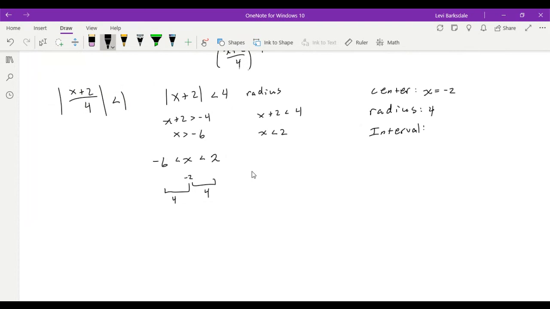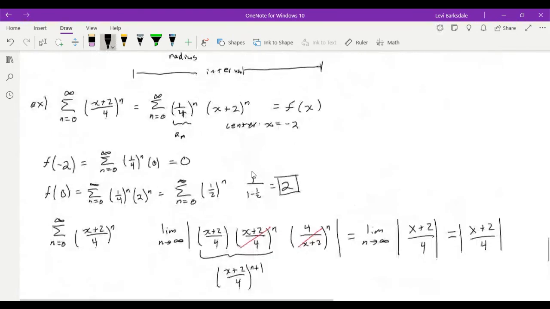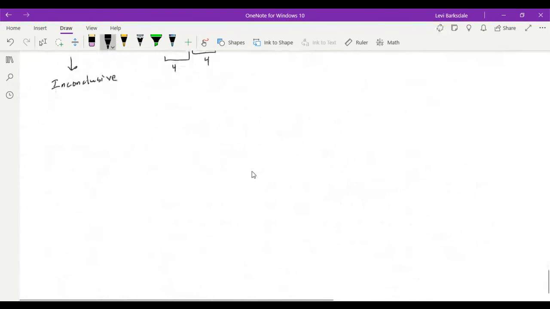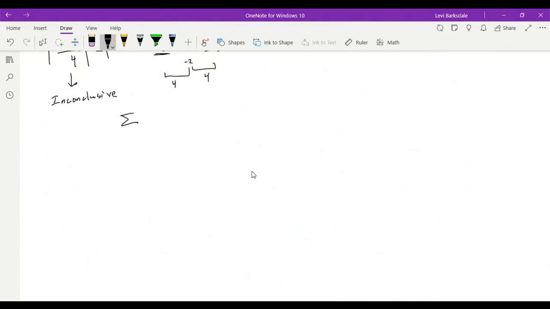well, there is one last thing we should do before stating our interval, and that is check the endpoints. Because remember, if the magnitude of x plus 2 over 4 is equal to 1, then our test is inconclusive. So you should always check your endpoints when finding your interval of convergence. In this case, our endpoints give us a sum from 0 to infinity of first -4 over 4 to the nth, which is -1 to the nth, and this fails the nth term test.